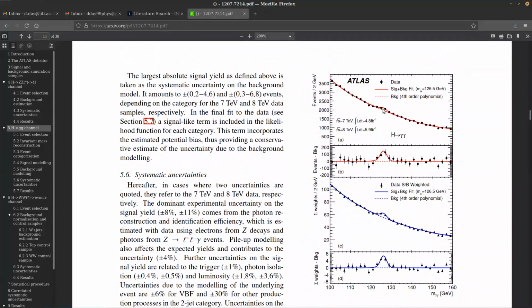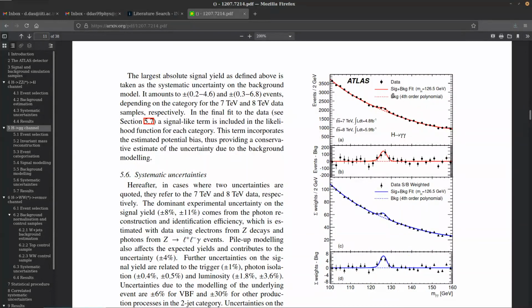So the black dots are of course exact data, and the dashed thing is just the estimation for background, if you fit a fourth order polynomial. Signal plus background, you forget about that.